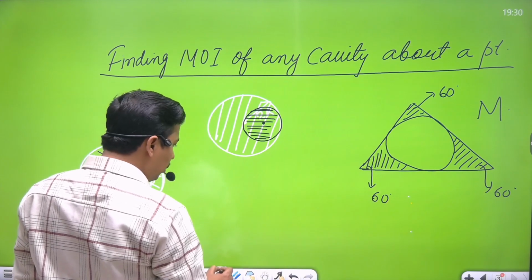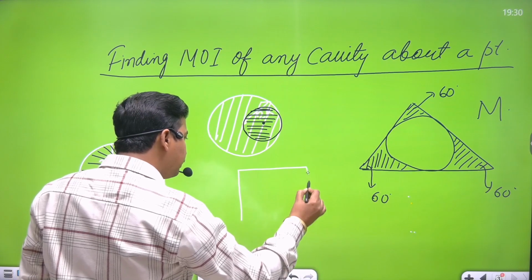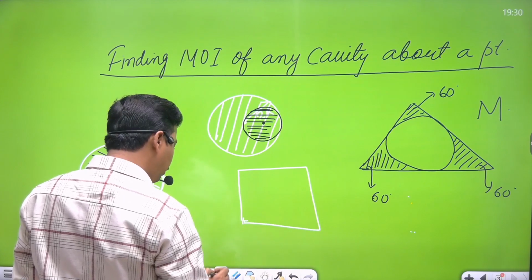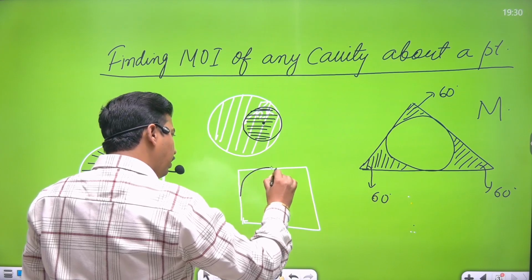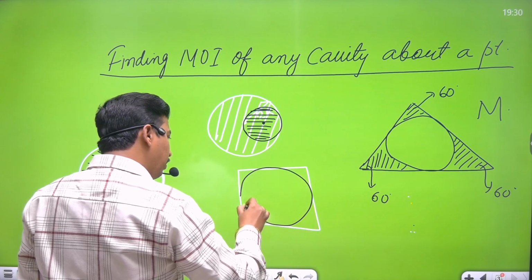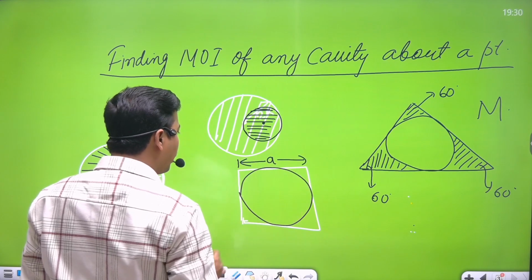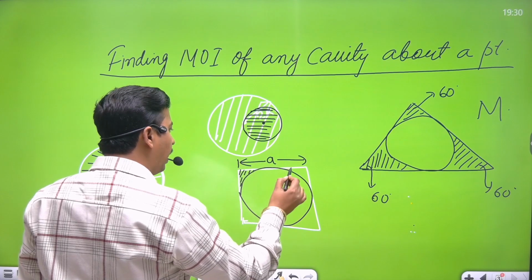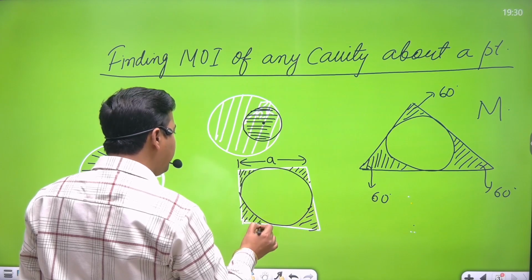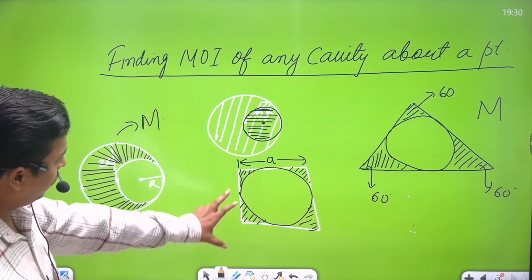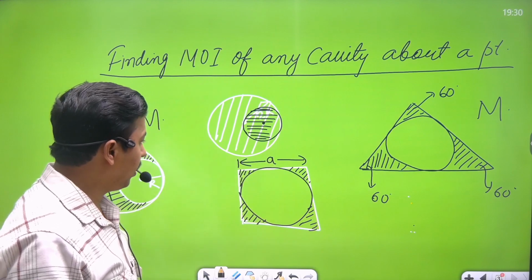Some questions can also be made like this. I will do 1 to 2 questions and illustrate the whole process. Let us suppose this is a square of side A, and here the masses are lying like this. It means a maximum circle which would have diameter equal to a, radius will be a by 2.